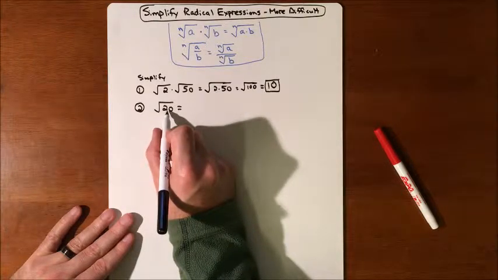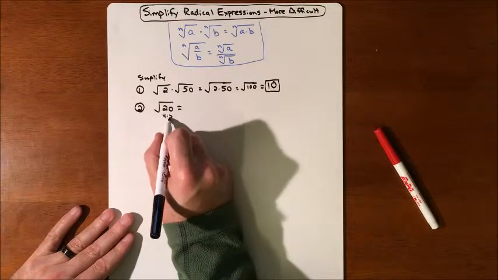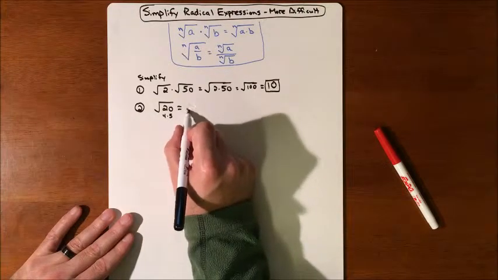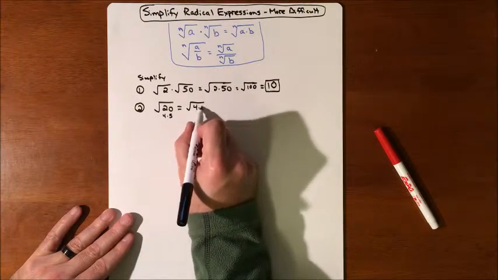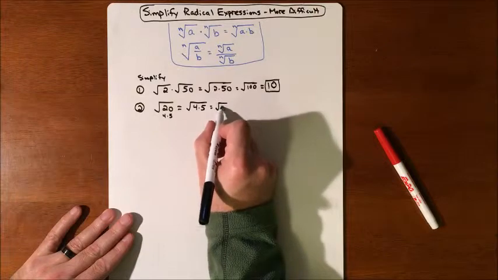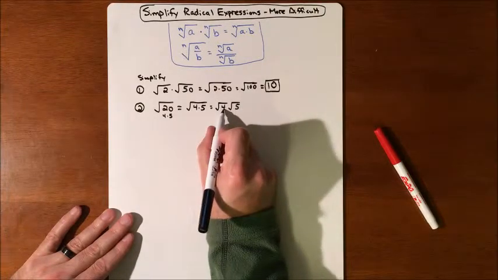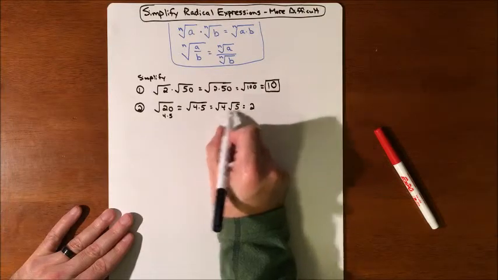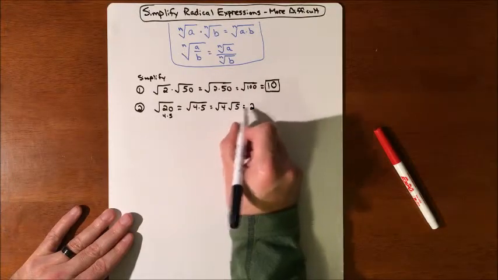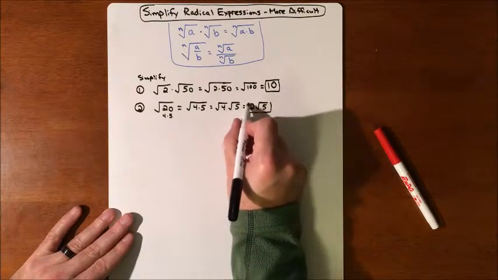And something that's smaller than 20 that's a perfect square is 4. So you could break this into 4 times 5. The reason we chose 4 is because now when we break apart the square roots, this is a perfect square, and so you can square root the 4 and get 2. 5 can't break up any further, and that'll be your answer.